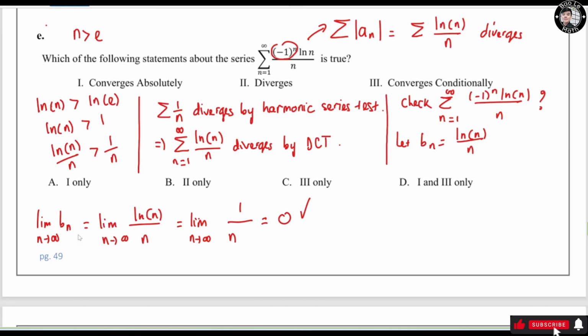Now the second one, we need to prove that b sub n is decreasing, right? So we're going to let f of s equal ln s over s, right?